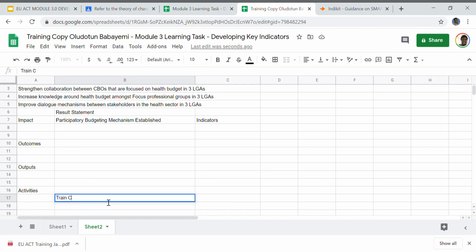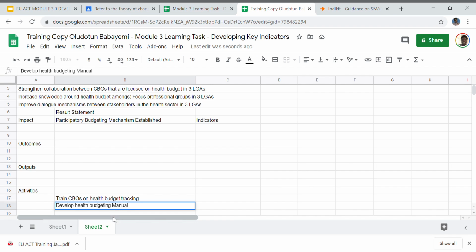Train CBOs on health budget tracking. Develop health budgeting manual.